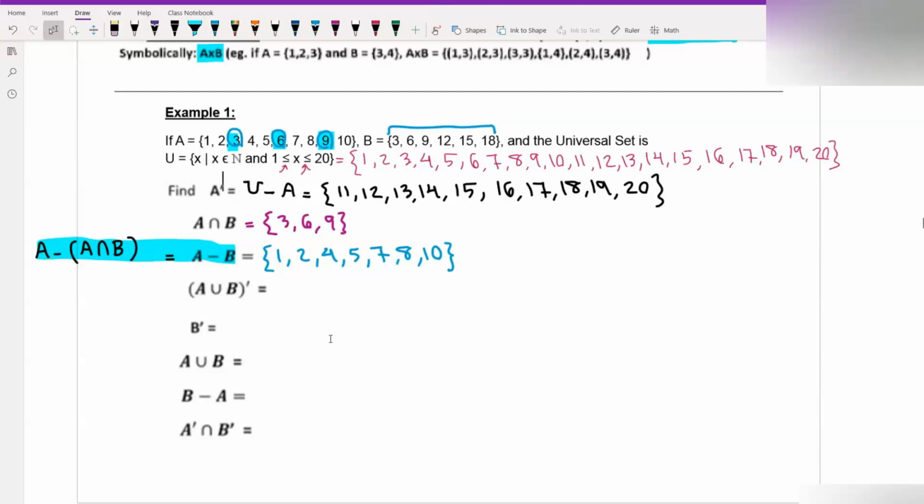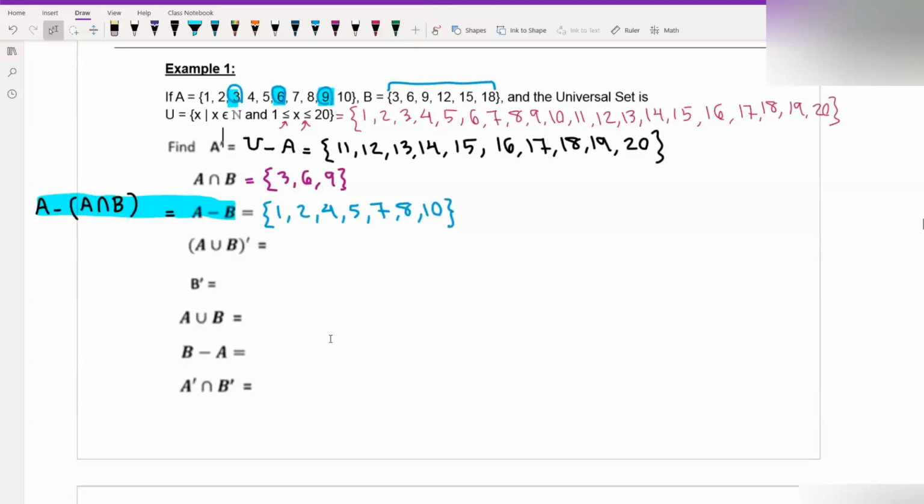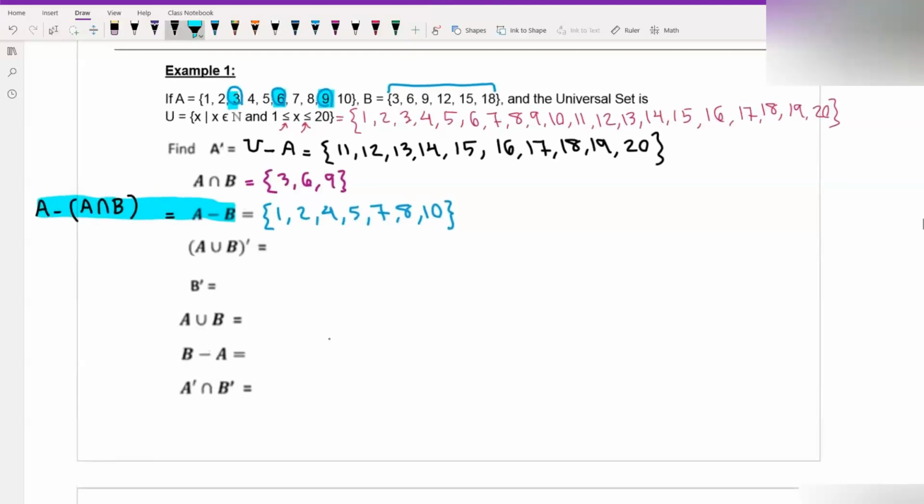Next one is complement of A union B. So we have to find A union B first. So I'm going to work on this one first. A union B means we have to combine all members. So writing all the members that we have inside A and B together, but do not repeat.